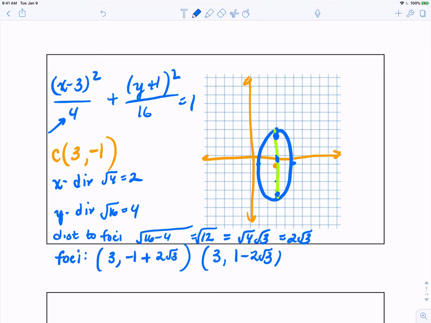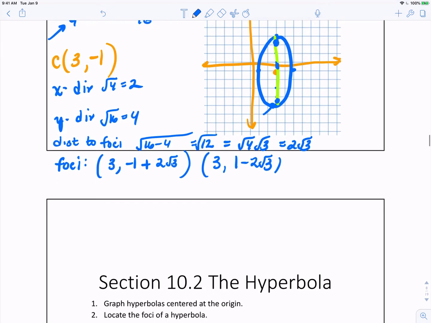So this one here is 3, comma, negative 1 plus 2 square root 3, and this one here is 3, comma, negative 1 minus 2 square root 3. So those are the foci.